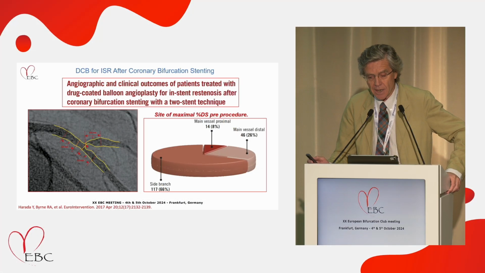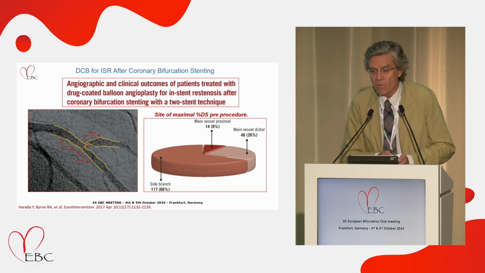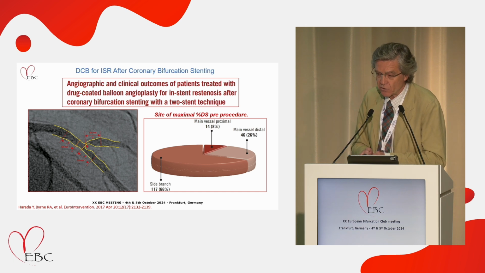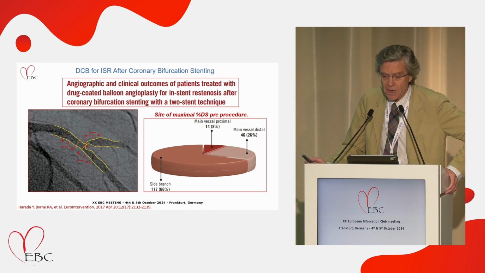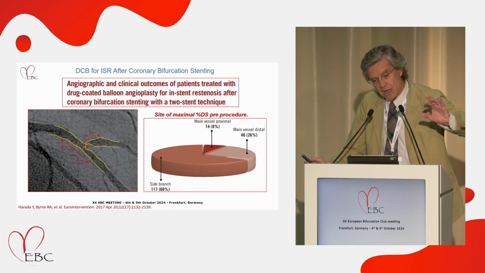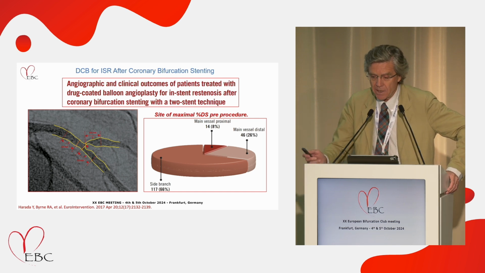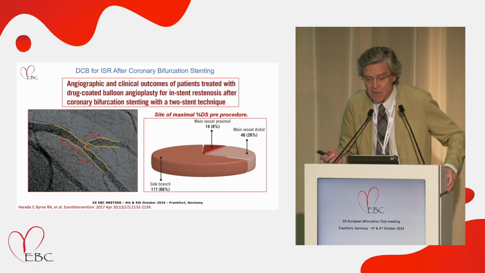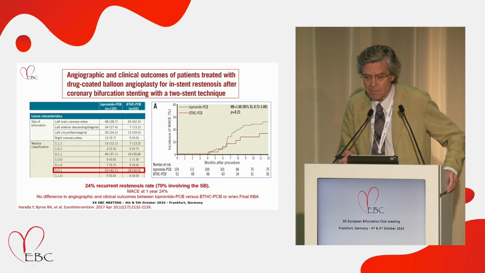And this is another paper, again related to the topic. This is the angiographic and clinical outcome of patients treated with DCBs for in-stent restenosis of a coronary bifurcation stented with a two-stent strategy. In this paper, coming from the group of Robert Byrne, you may see how they performed a very detailed QCA analysis of the branches. At follow-up, the side branch was showing the major impingement, the major involvement regarding minimal lumen diameter and percent diameter stenosis.